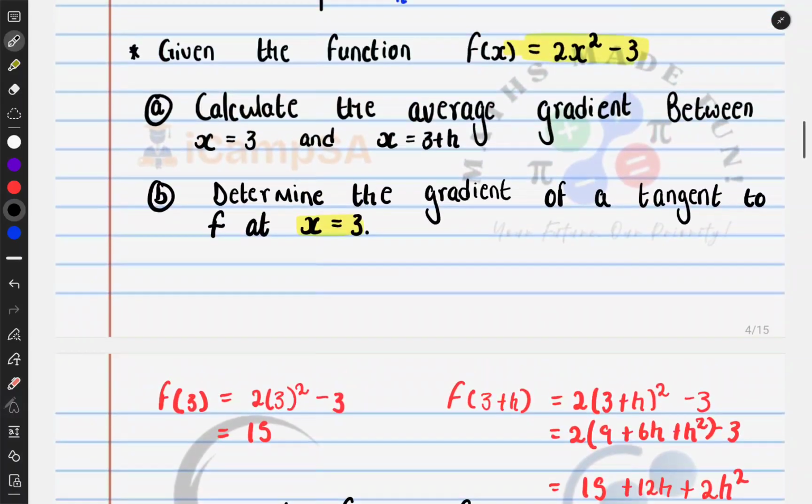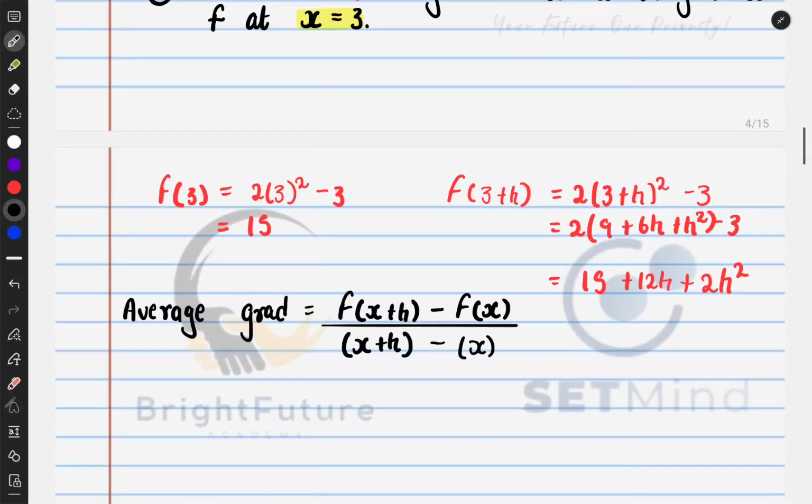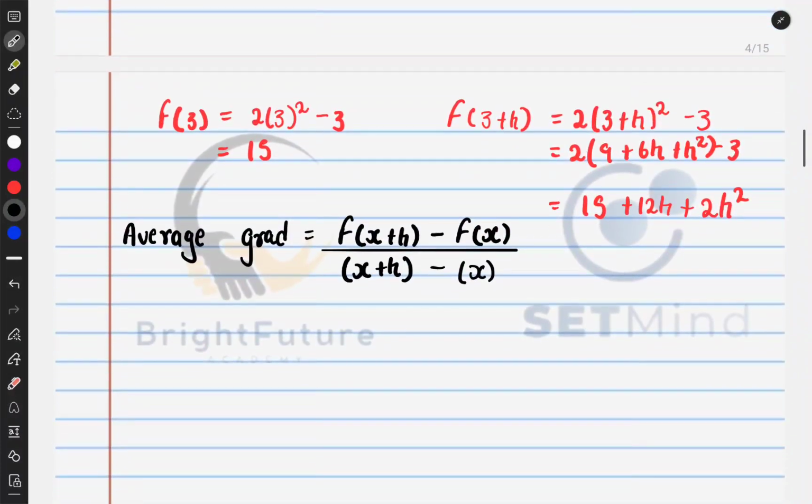Actually, they give an x value, which is 3, so f of 3 plus h, and 3 and 3 plus h. It just makes things simple.